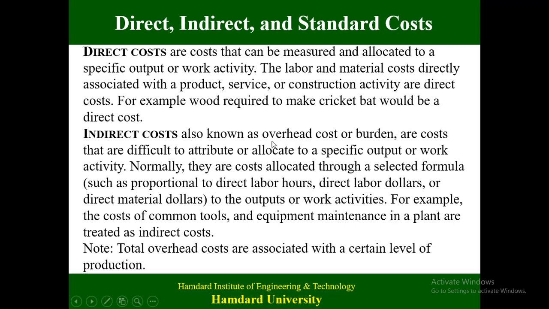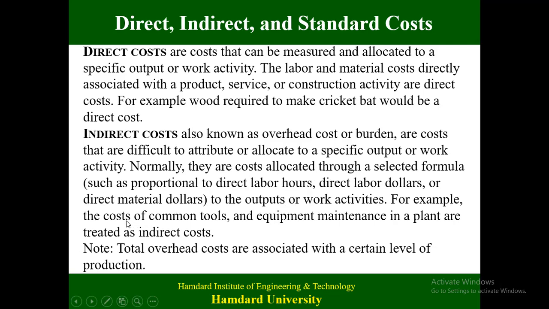Indirect costs, also known as overhead cost or burden, are costs that are difficult to attribute or allocate to a specific output or work activity. Normally, they are costs allocated through a selected formula, such as proportional to direct labor hours, direct labor dollars, or direct materials dollars to the outputs or work activities.